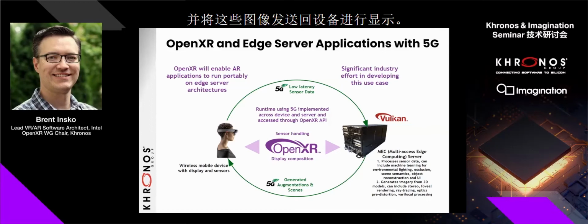And these images are sent back to the device for display. The OpenXR API can hide these round trips over 5G from the application, enabling the same AR application to run natively on an AR device or an AR device connected to an edge server.